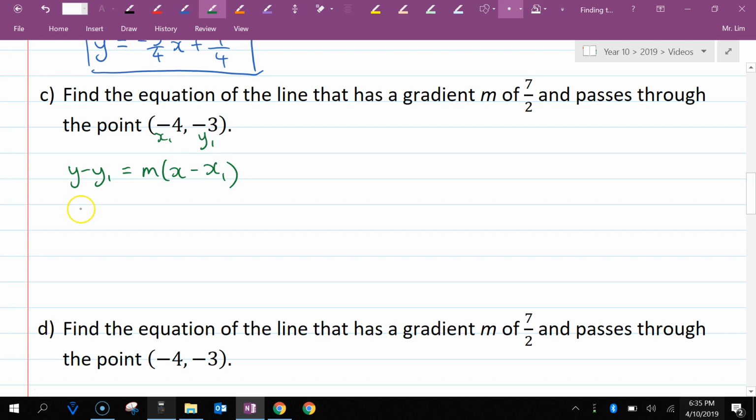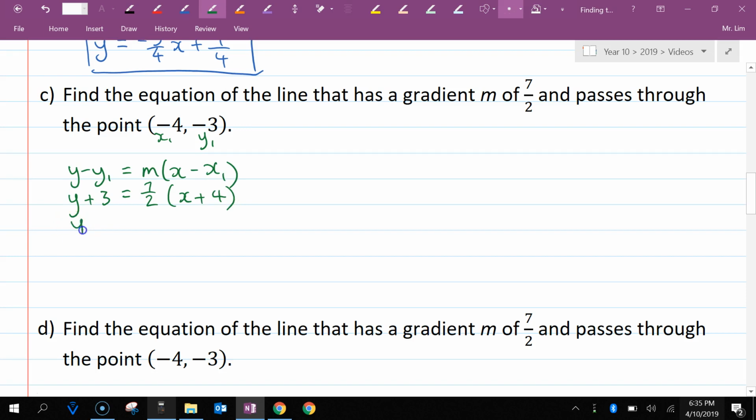So we have y minus y1. In this case, minus minus 3 becomes plus 3. m is 7/2. x minus x1, x1 is minus 4, so minus minus 4 becomes plus 4.